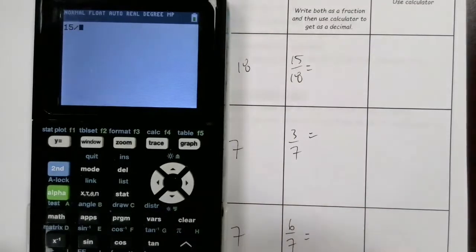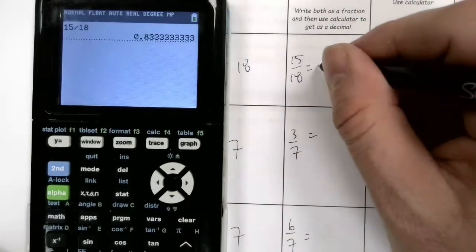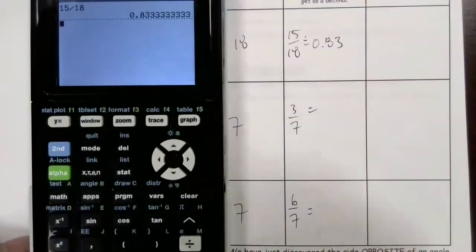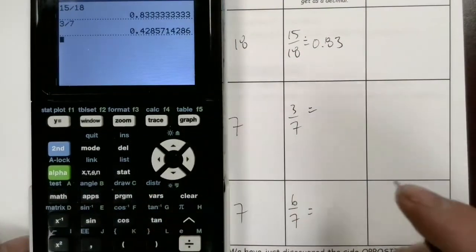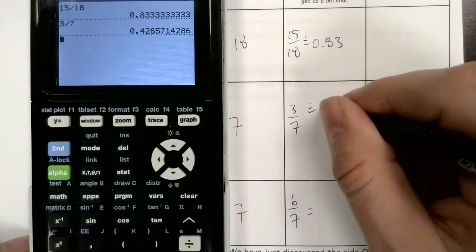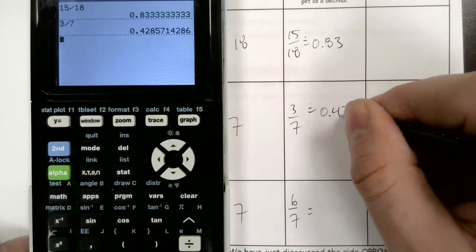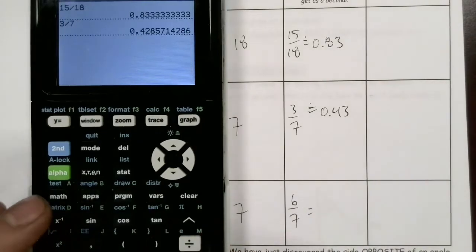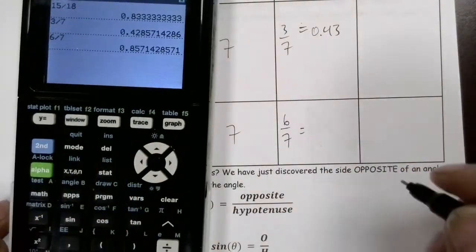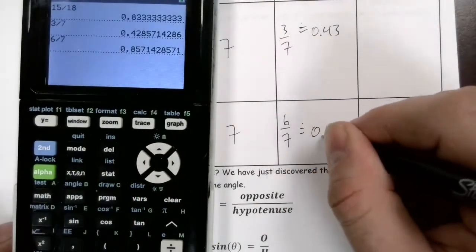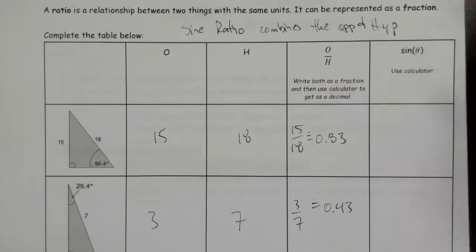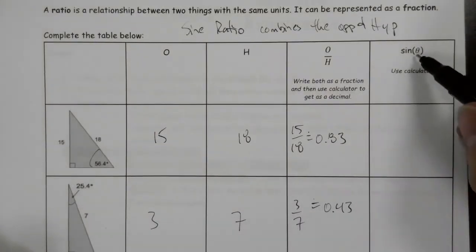So 15 divided by 18 is approximately 0.83. 3 divided by 7, approximately 0.43. And then 6 divided by 7 is the last one there. That's approximately 0.86.